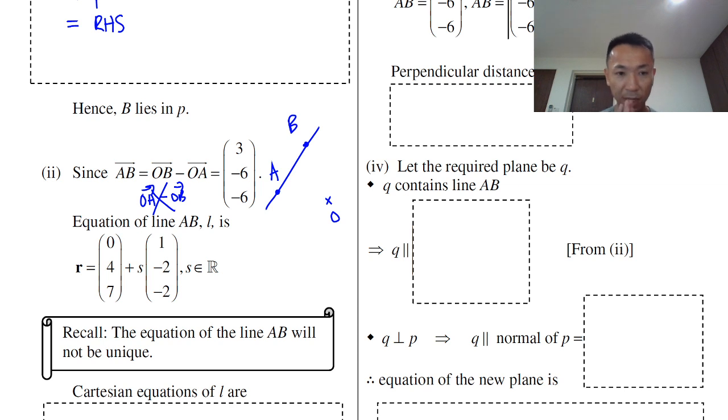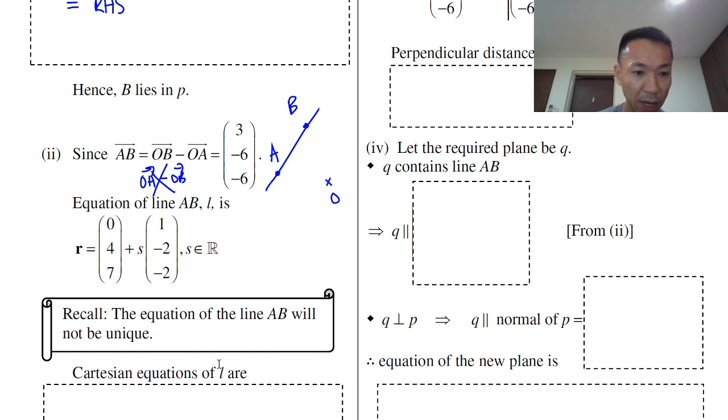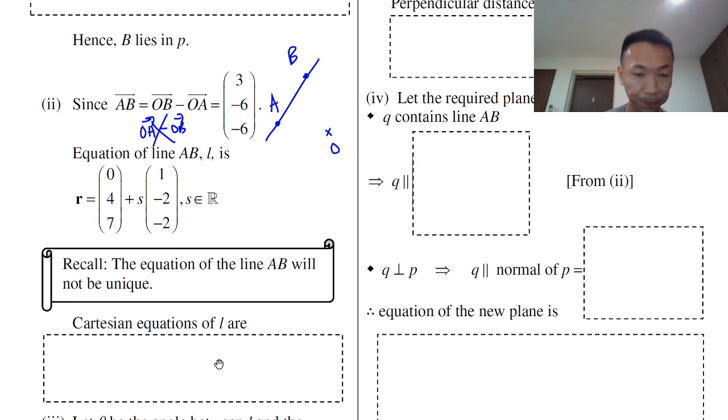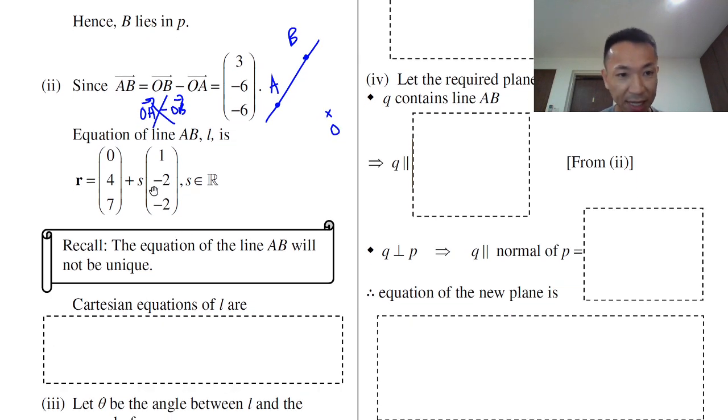Yeah. Also, please. Yep. So once you get a direction vector of the line, you got one position vector of a point. This one can be OA or can be OB. So recall, the equation will not be unique. So how do you then convert this form to the Cartesian form? Usually I will not memorize.